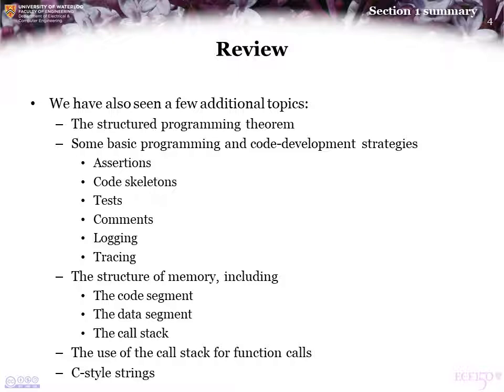We've also described the structure of memory, including the idea that every single byte has its own address, and how programs, once compiled, can be loaded into memory and executed, resulting in a code segment that contains the instructions, a data segment that contains constants, including literal strings and perhaps large floating point numbers, and the call stack.